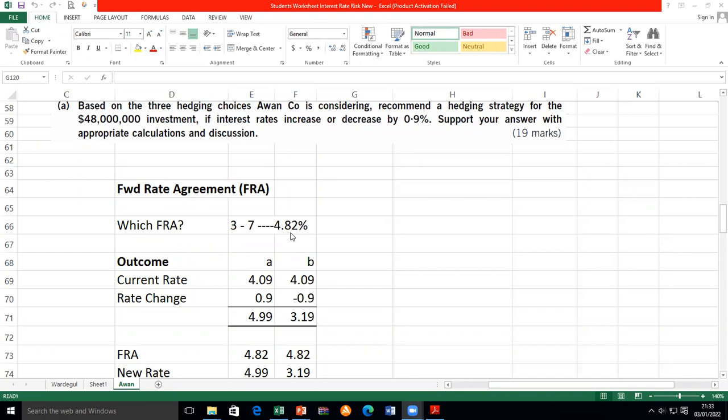Now they want us to demonstrate two things. One, the interest rates increased by 0.9. There it has reduced by 1.9. There are two scenarios. So what are the new interbank rates?